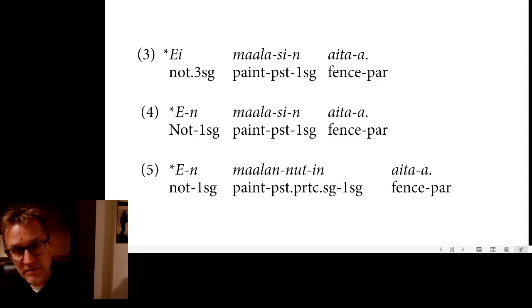And these are the types of sentences that we have to have in our dataset, because we have to make sure that whatever we propose, the theory doesn't predict this type of sentences that are never attested or observed.